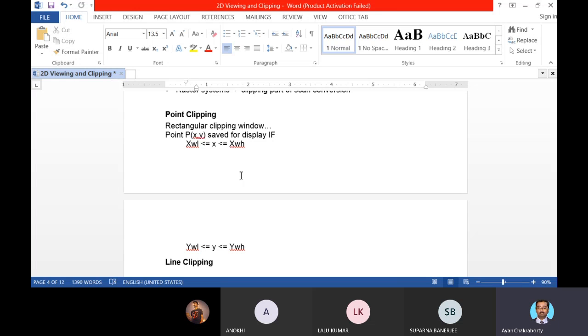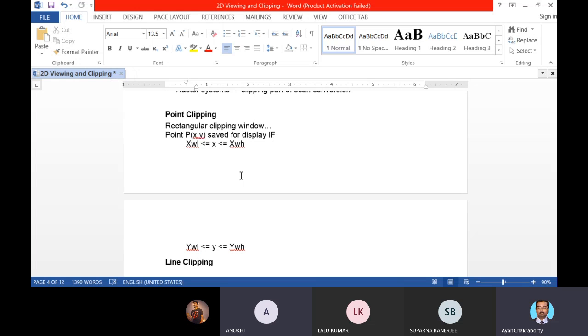So your specified region is XWL, XWH, YWL, YWH, and my given point is P with coordinate value XY. Now tell me what will be the condition so that P can be visible within this window frame. Tell me, any one of you. X should be greater than XWL, yes.